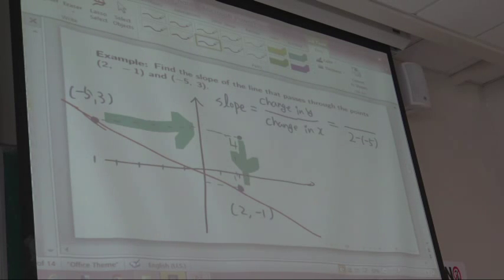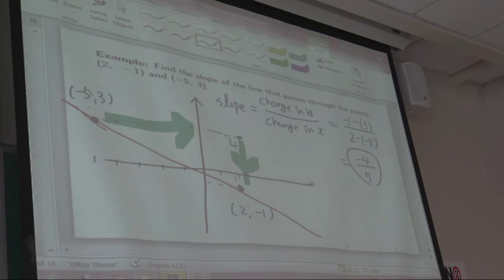So it's a decrease of 4 units, which is negative 4. Negative 4 is the same as -1, this y value, minus 3. So the slope is -4 over 7.